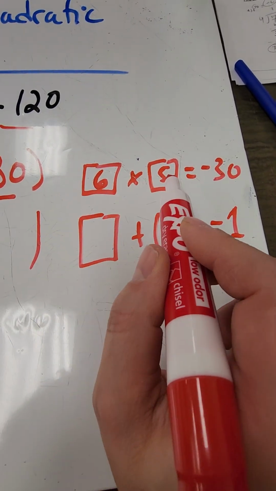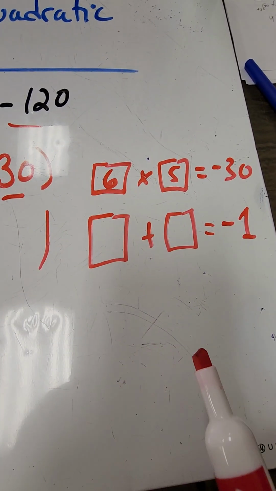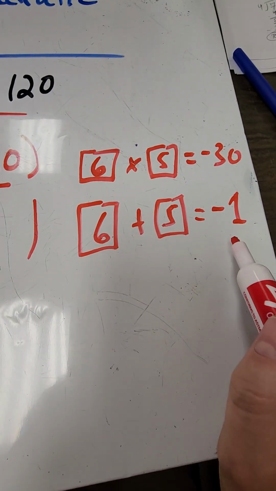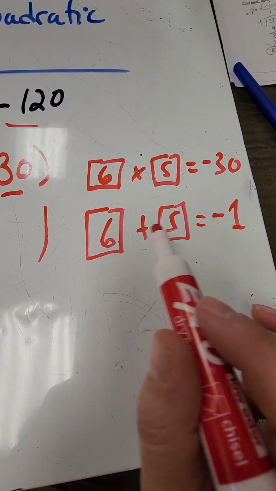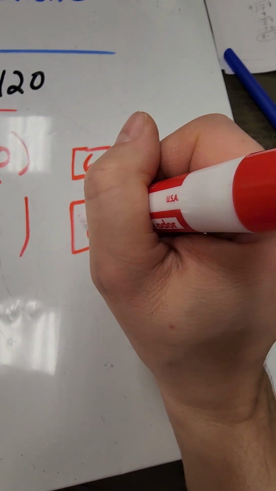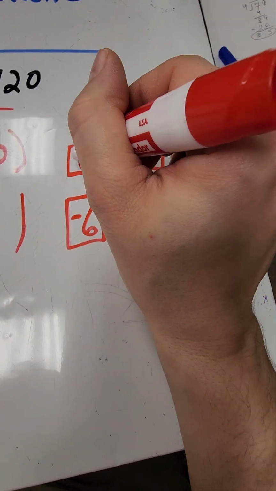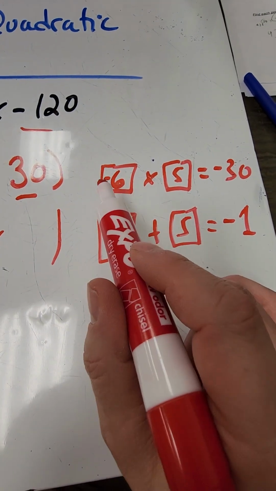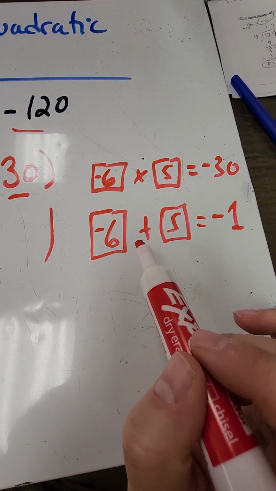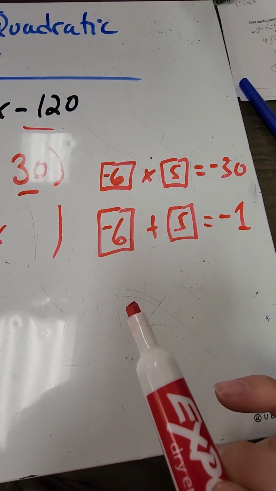One of these would have to be positive and one of these would have to be negative. And then we have to look over here at the negative 1, and the only way we could get negative 1 using 6 and 5, if we were to add them, would be a negative 6. Negative 6 times positive 5 gives me negative 30. Negative 6 plus positive 5 gives me negative 1.